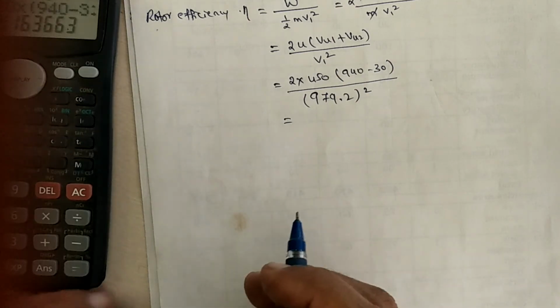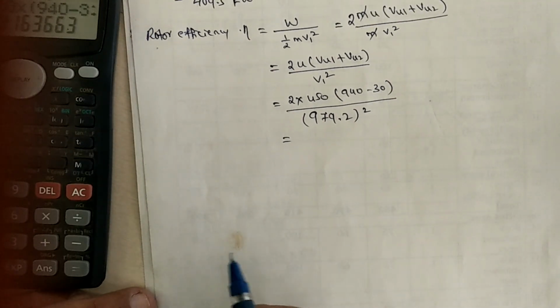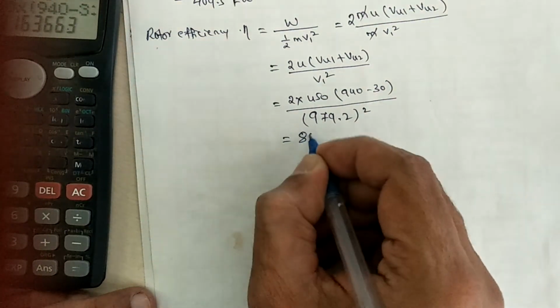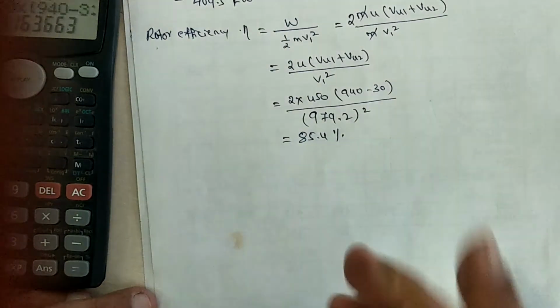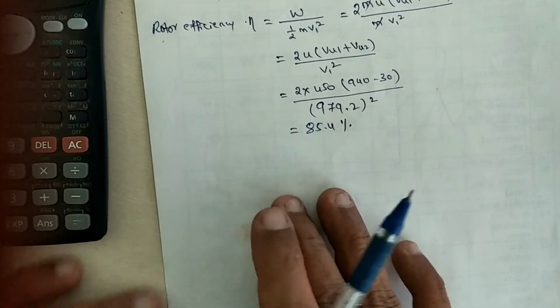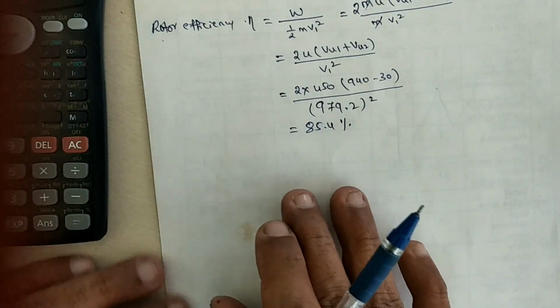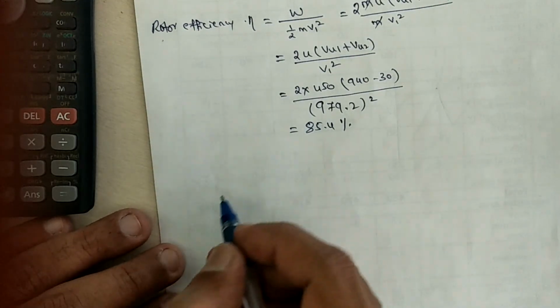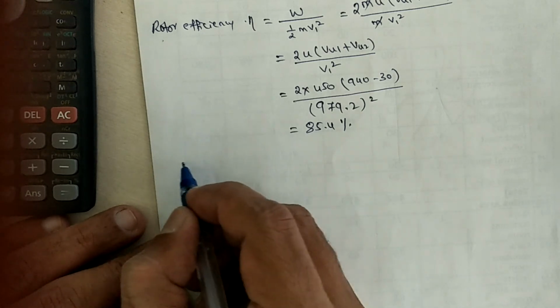So I will get 85.4 percent. This is the rotor efficiency, or stage efficiency, or diagram efficiency; all three are the same.